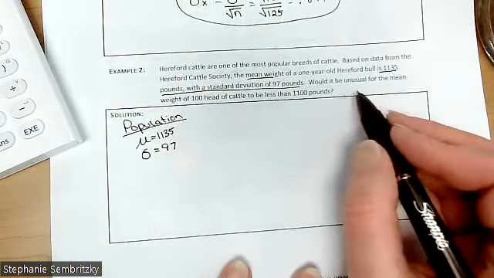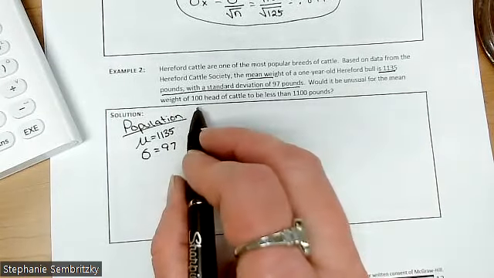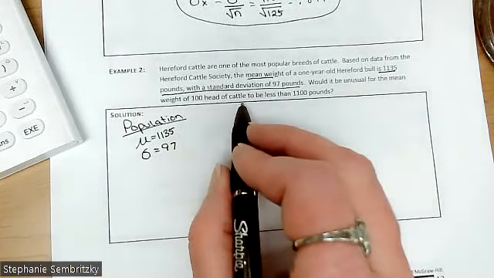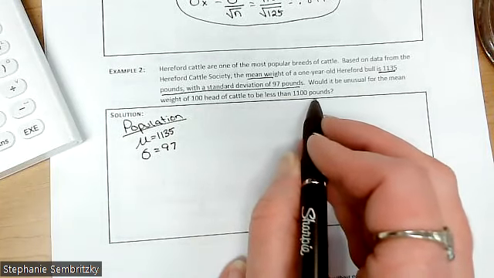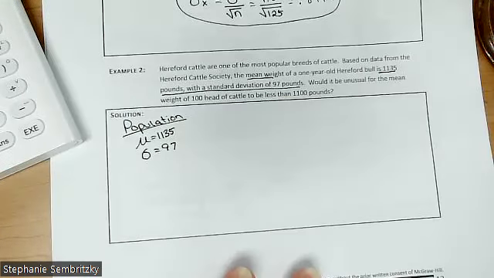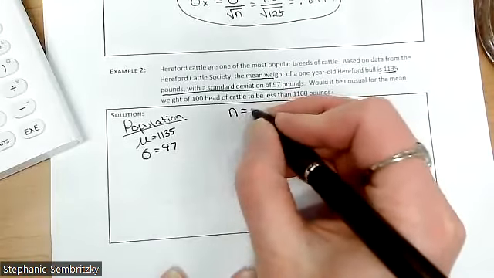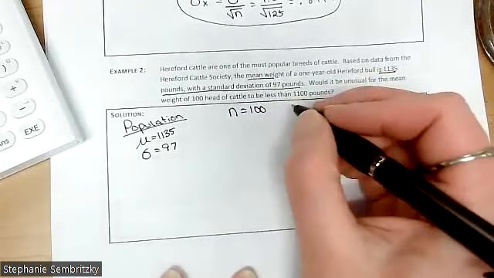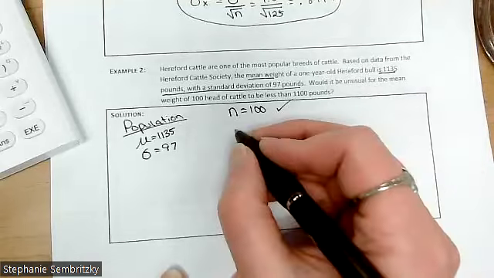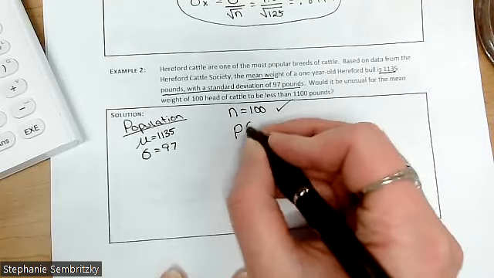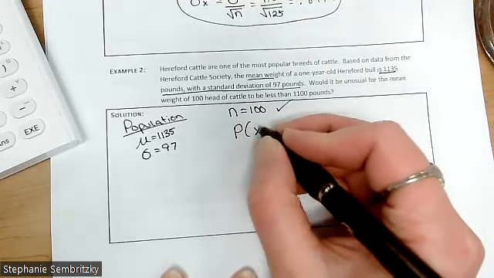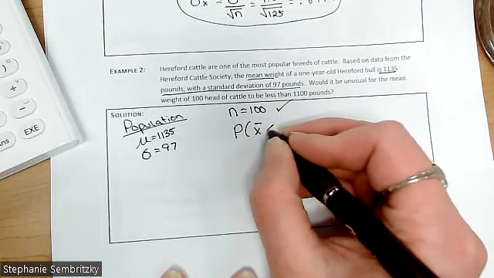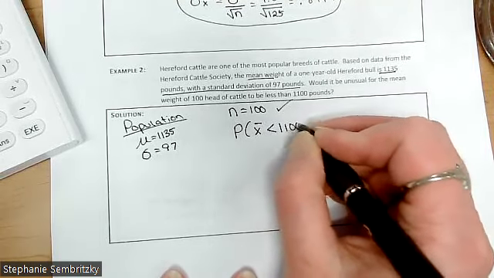Would it be unusual for the mean weight of 100 head of cattle to be less than 1,100 pounds? So what are they saying our sample size is? 100. So N is 100. Is that big enough? Oh, yes. And we're trying to find the probability that the mean weight, that the average is less than 1100.